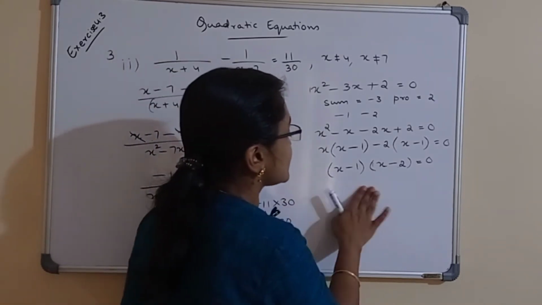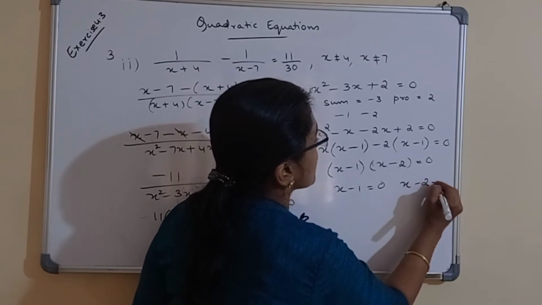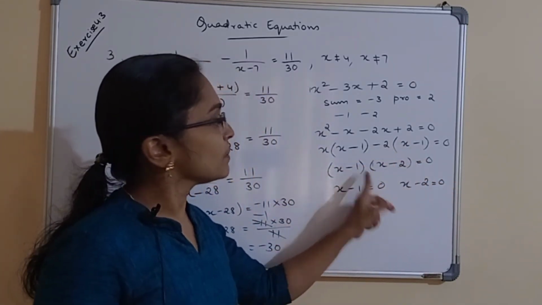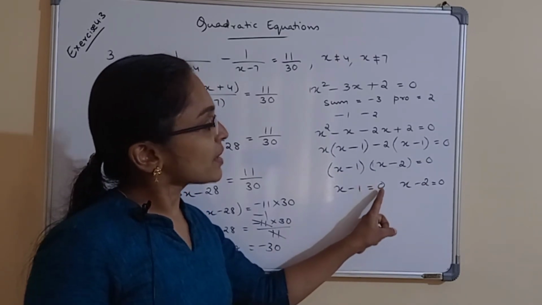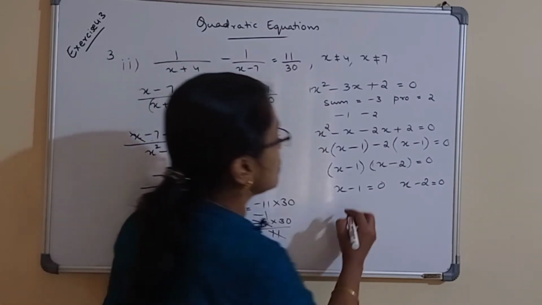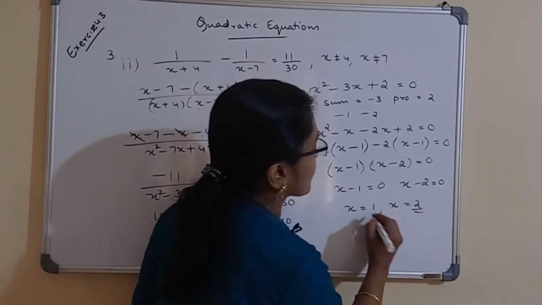Or we can write here x minus 1 is equal to 0 and x minus 2 equal to 0. If the product of two numbers is 0, one number should be 0. So x minus 1 is equal to 0 or x minus 2 equal to 0. So x is equal to 1 and x is equal to 2.